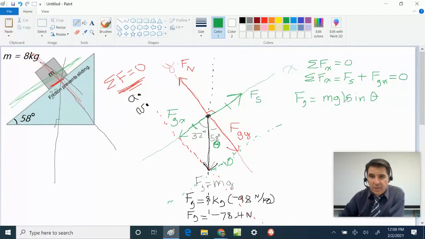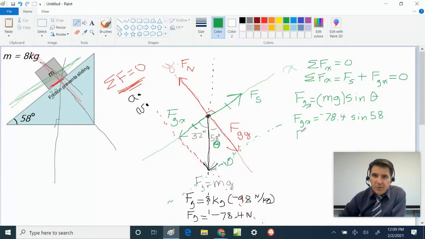And mg is, by the way, FG in the x direction. So mg sine theta means my force of gravity in the x direction is going to be equal to whatever my gravity was, which is negative 78.4, times the sine of 58, which is that angle that we have.